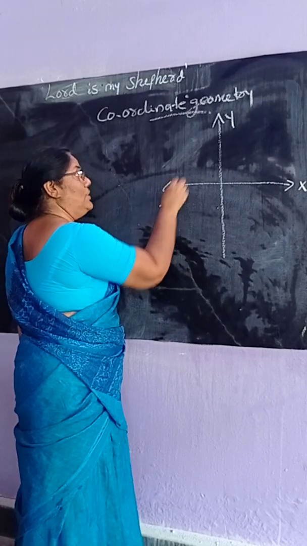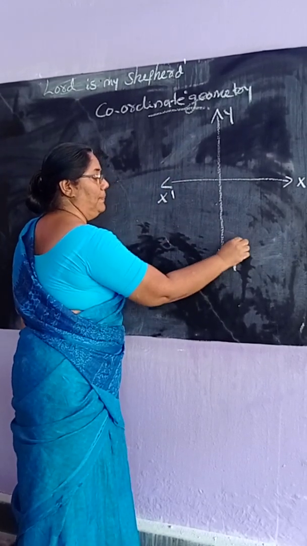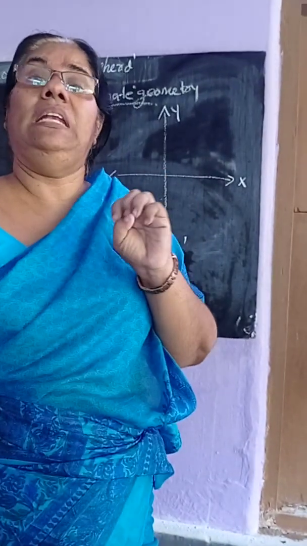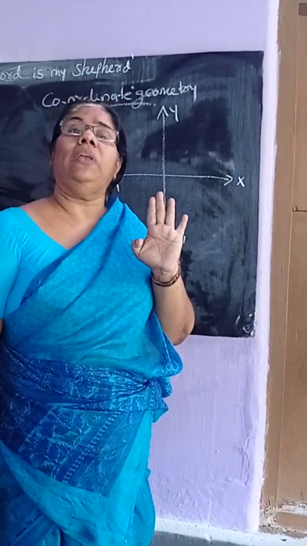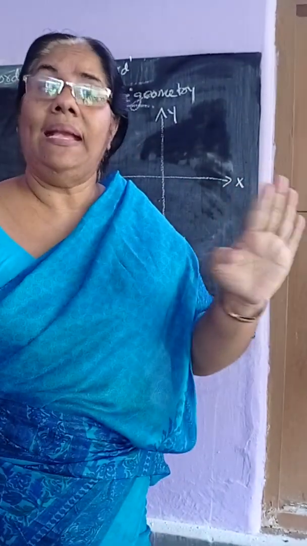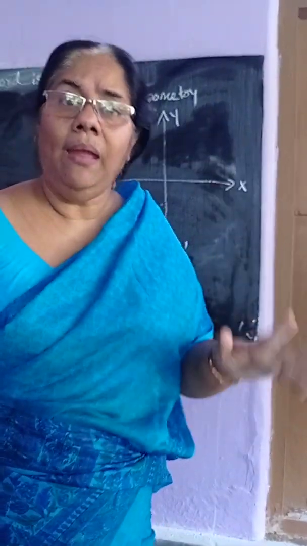X, x dash, y, y dash. Once again, the plane is divided into 4 equal quadrants using the x-axis and y-axis.